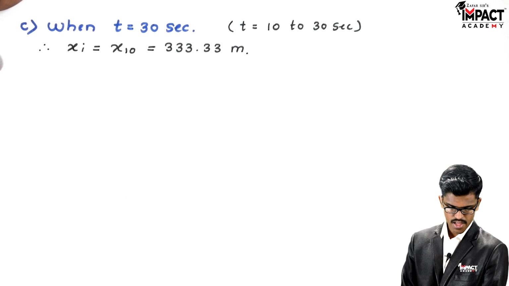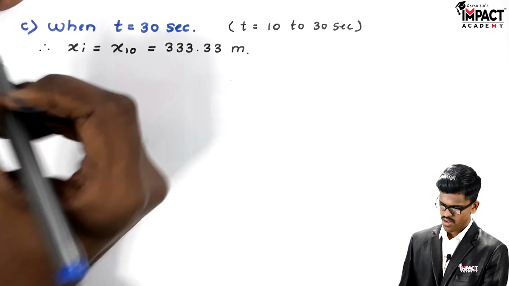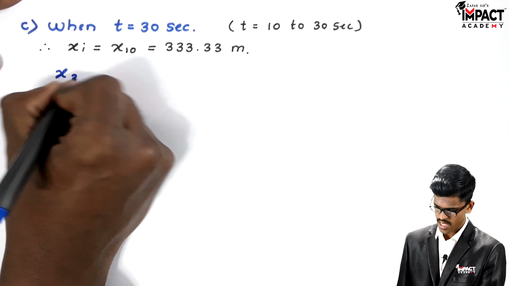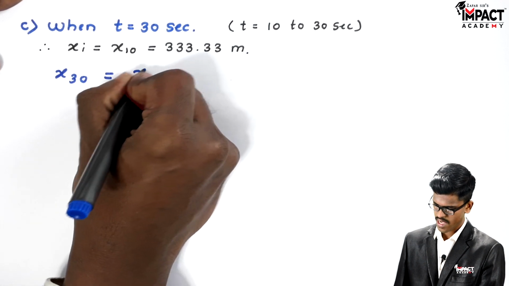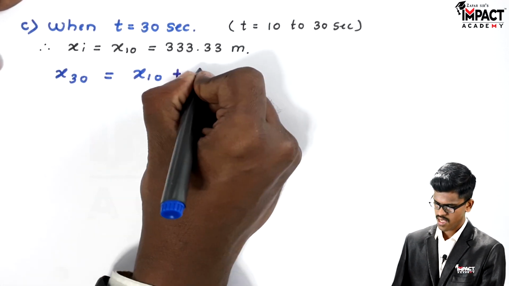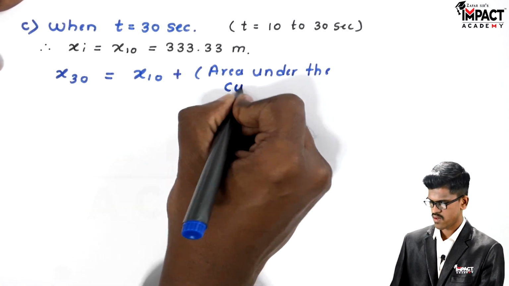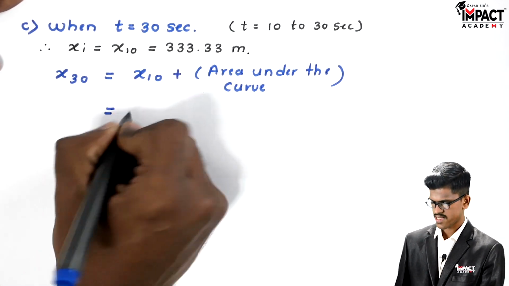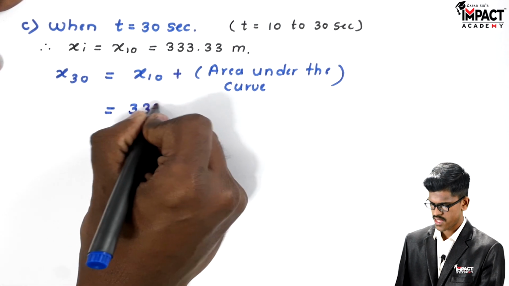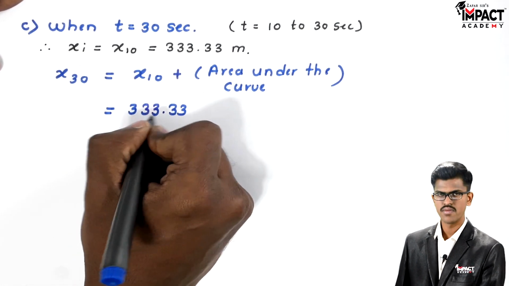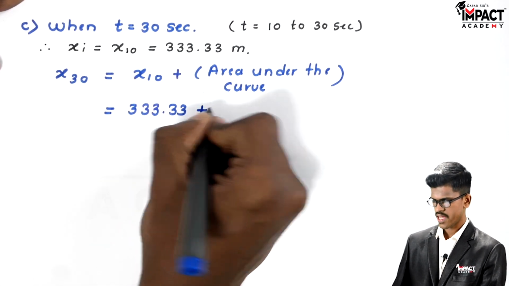So we have to find the final position, that is xf. So we use x30 is equal to x10 plus area under the curve. So here x10 is 333.33. Okay, and we have to find the area under the curve.